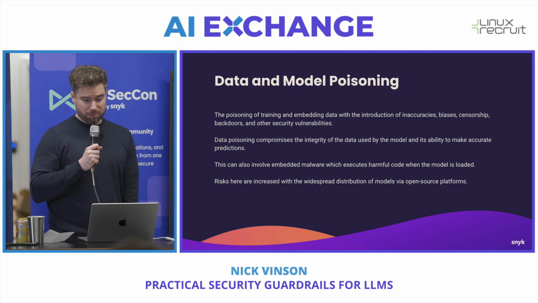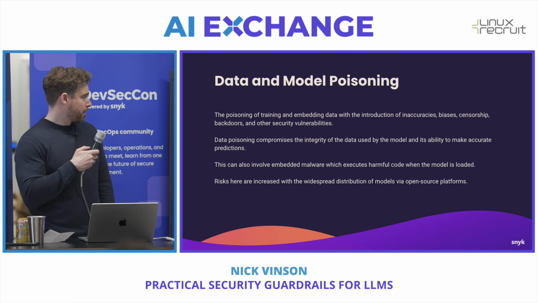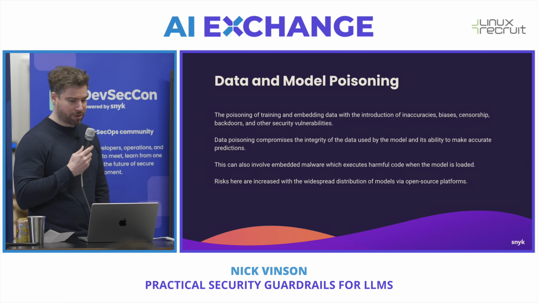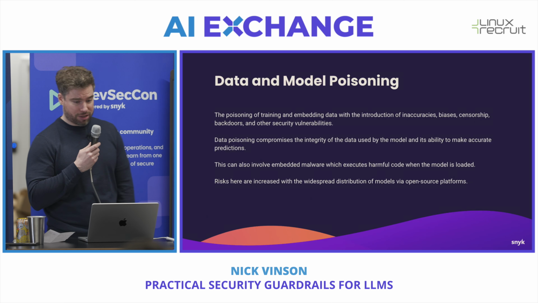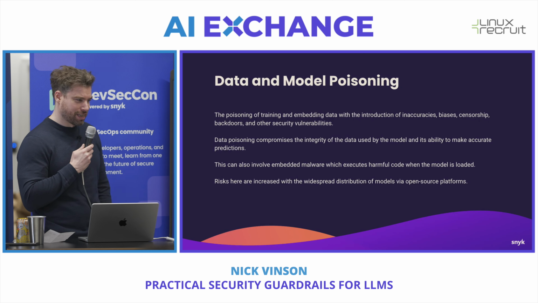The data used by LLMs is crucial as it forms a foundation on which the models learn patterns and make predictions. The deliberate manipulation or corruption of the data used introduces inaccuracies, biases, or vulnerabilities. That could be as simple as bias and censorship, and recent examples of that are asking DeepSeek about Tiananmen Square or Taiwan, or ChatGPT's weird refusal to acknowledge the existence of David Mayer, which was apparently down to a bug.